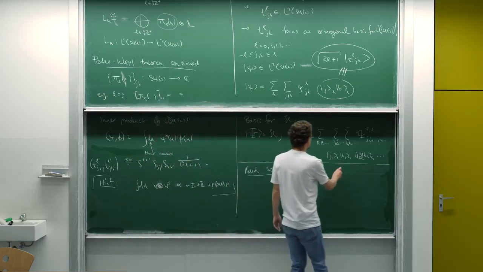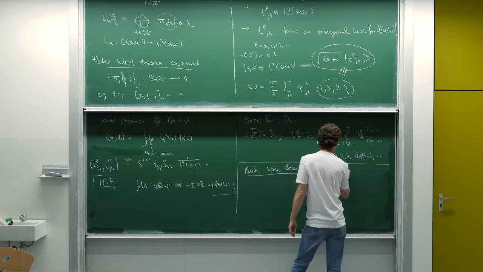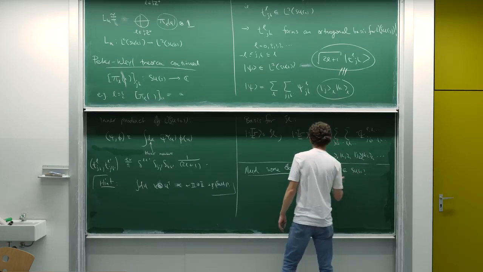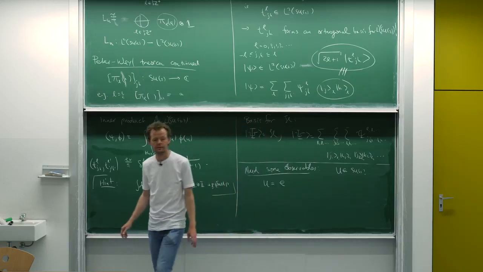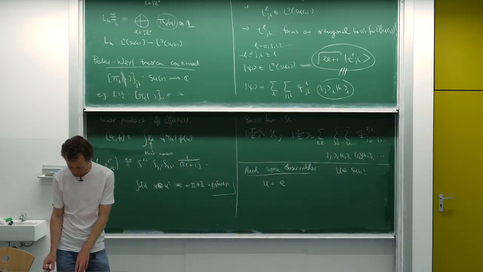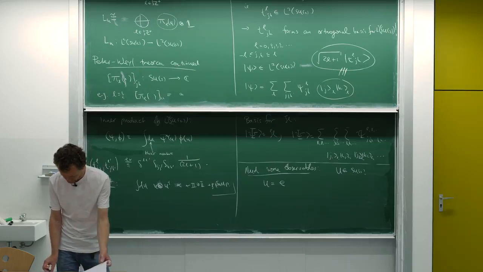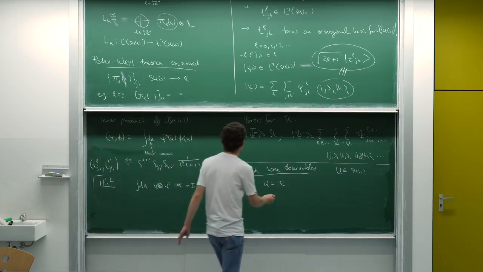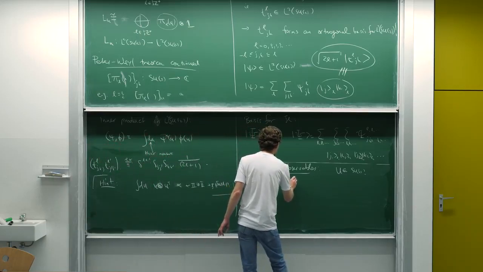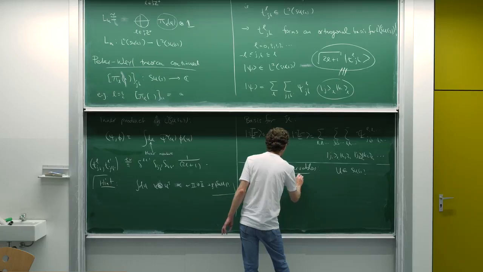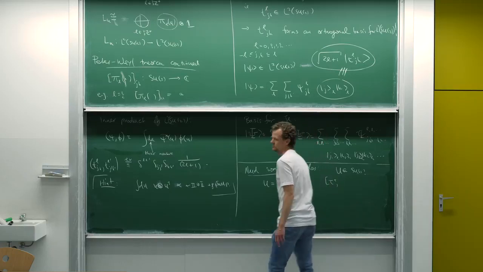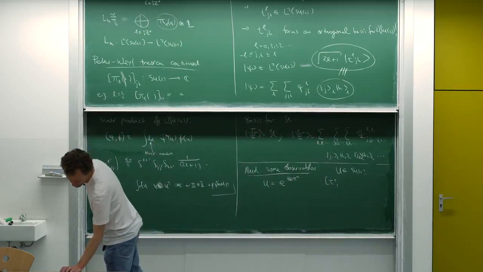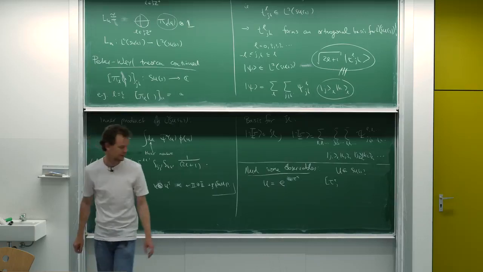So first, let's remember that if U is an element of SU2, then U is the exponential of some element of the Lie algebra of SU2. And I want to get the numbers exactly right. So it's going to be, am I using J's or alphas? J's and K's. Okay.